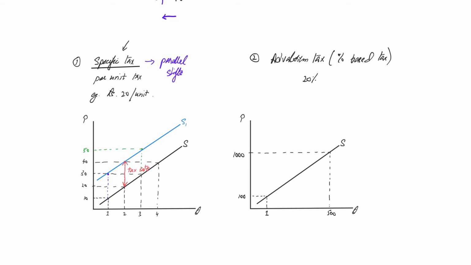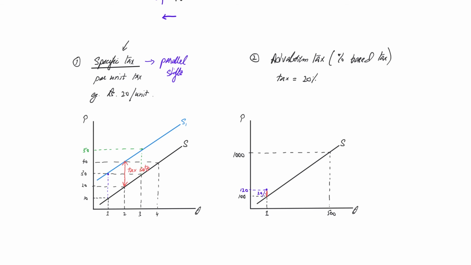So how would I show the tax implication over here? Since the tax is 20% on the price, the first unit which I was willing and able to sell for 100, since I have to pay 20% tax on it, 20% of 100 is 20 rupees. So what I'll do is shift my supply curve upwards by the 20 rupees, because vertical distance is supposed to show the tax rate.